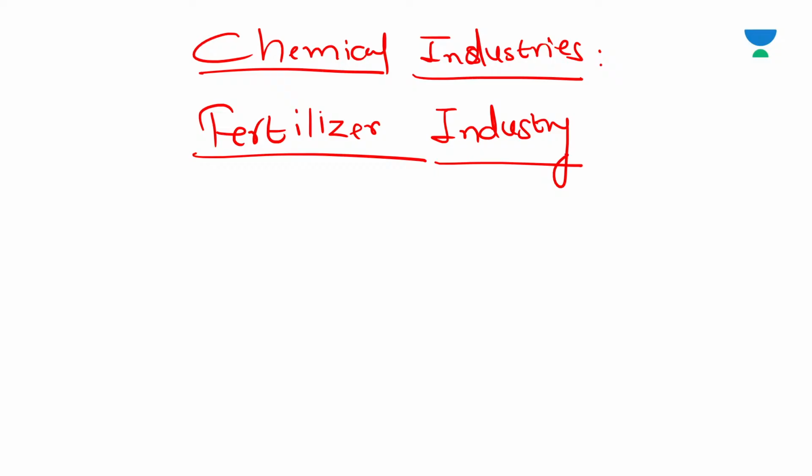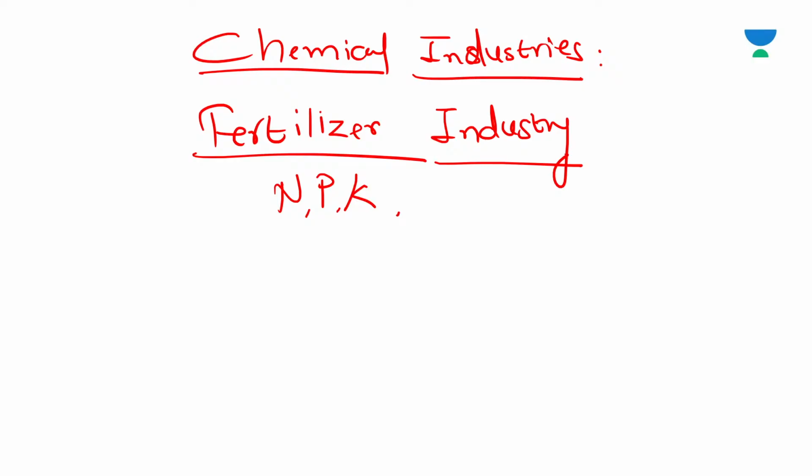It is built around the production of nitrogenous fertilizers, mainly urea, phosphatic fertilizers, and ammonium phosphate, and complex fertilizers which have a combination of nitrogen, phosphate, and potash.